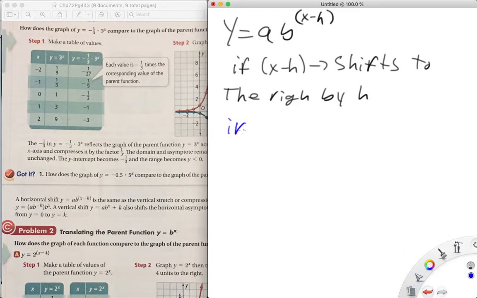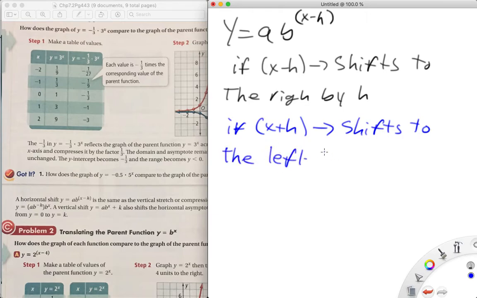If it's x plus h, it shifts to the left by h.